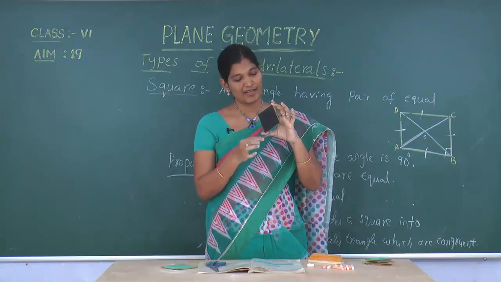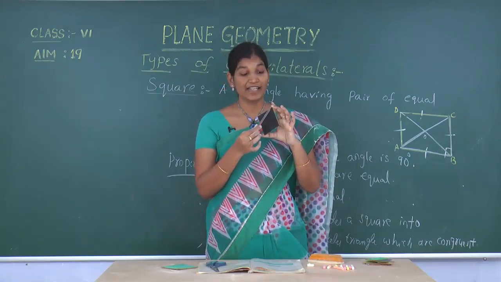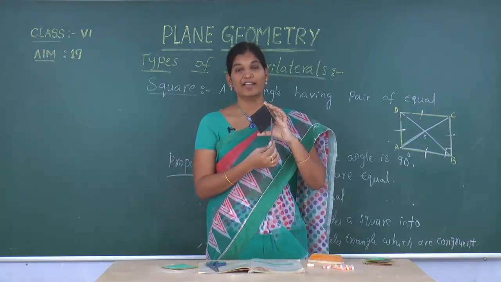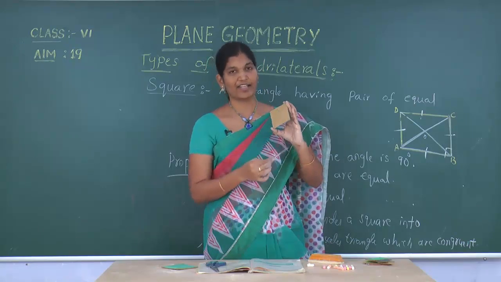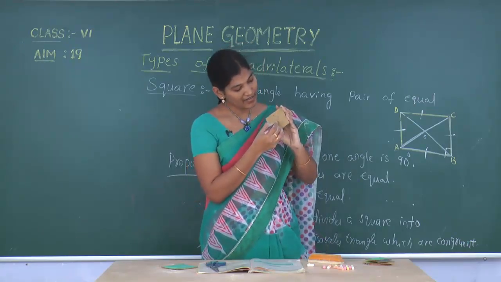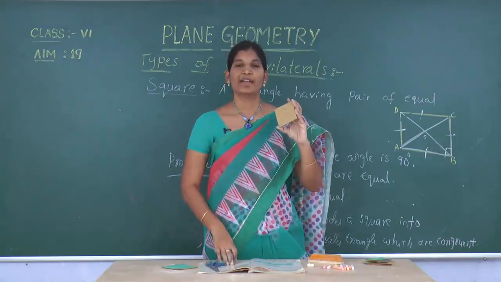In a rhombus all sides are equal and diagonals are not equal. A rhombus contains one long diagonal and one short diagonal, but the diagonals bisect each other at 90 degrees.